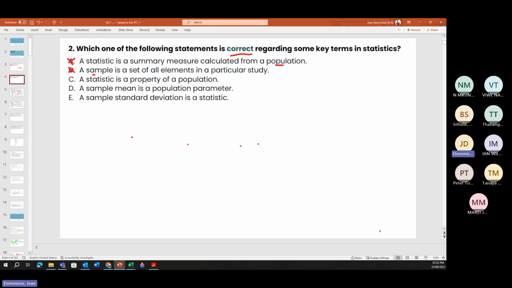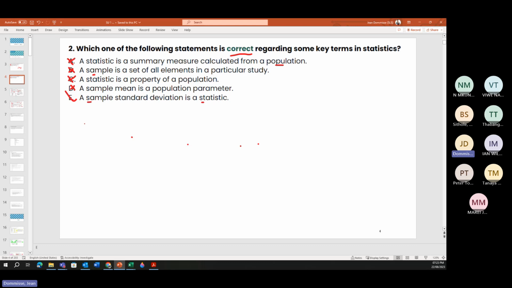Okay, a statistic is a property of a population. Nope. A sample mean is a population parameter. No, it is a sample statistic. A sample standard deviation is a statistic. Okay, sample standard deviation is a statistic.